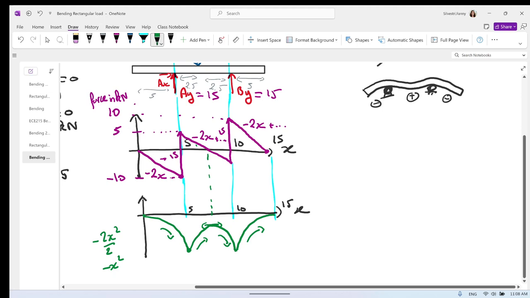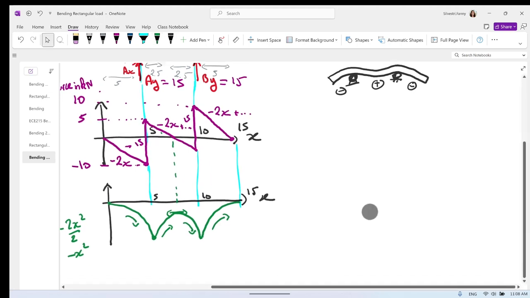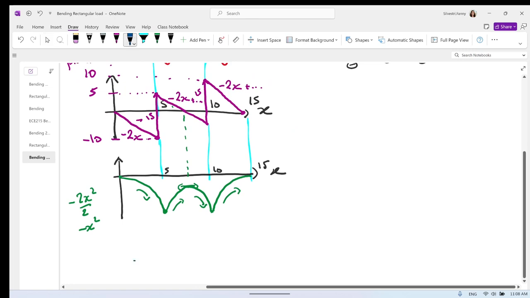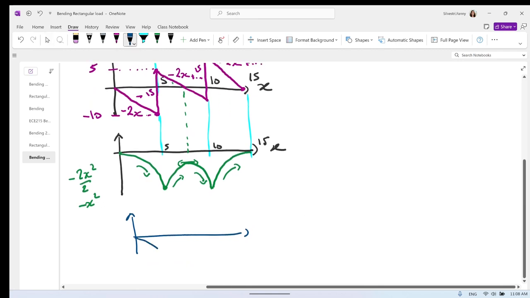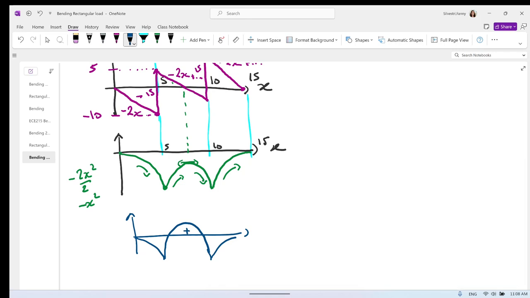So most probably it will stay negative. It could be, depending on the location, we don't know, we're just looking at it. It could be something like that. Maybe the bending could be positive. We will check with our equations, and you will see examples on the slide where the bending gets positive.